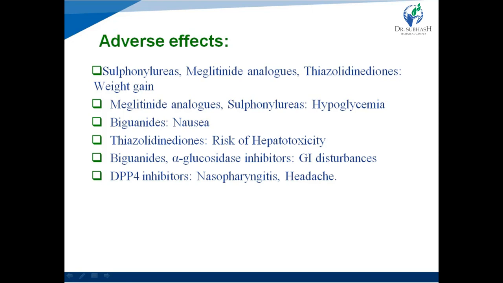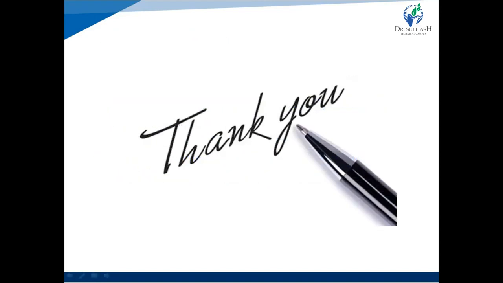Glitazones, analogues and sulphonylurea have another adverse effect, which is hypoglycemia. Then biguanides cause nausea. Thiazolidinediones have the risk of hepatotoxicity. Biguanides and alpha-glucosidase inhibitors cause GI tract disturbances, and DPP4 inhibitors cause nasopharyngitis and headache. These are all the major adverse effects of these oral hypoglycemic agents.